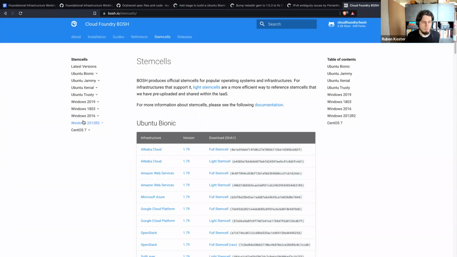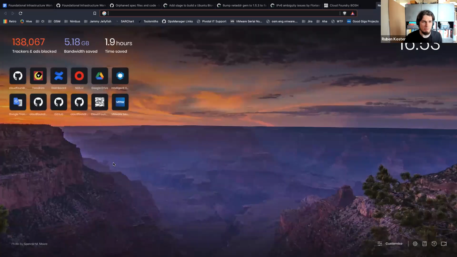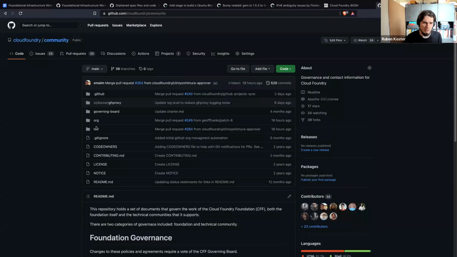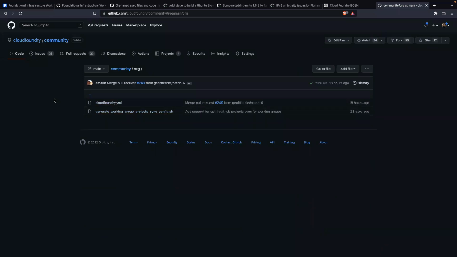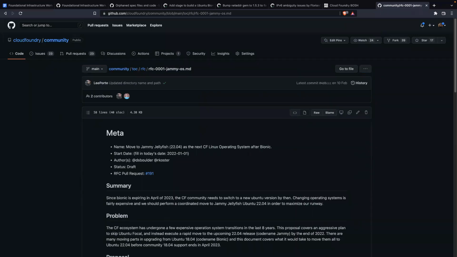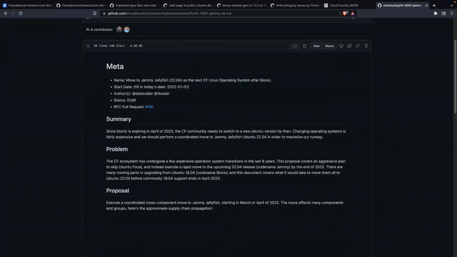And I think there is a timeline that has been shared here. Is it here? Yeah, but now the vSphere CPI is still stuck. We don't even have all the components working with Jammy currently.